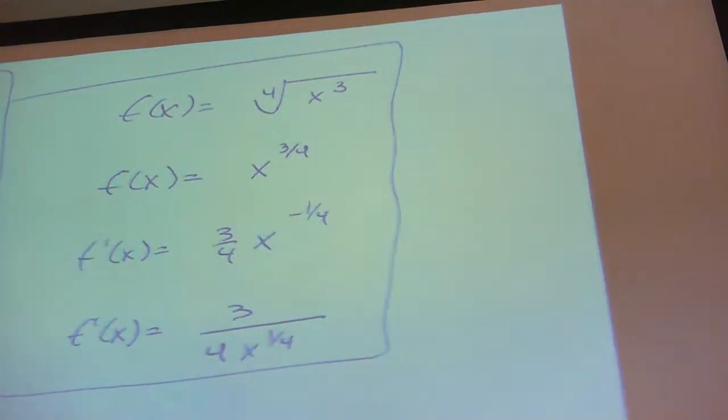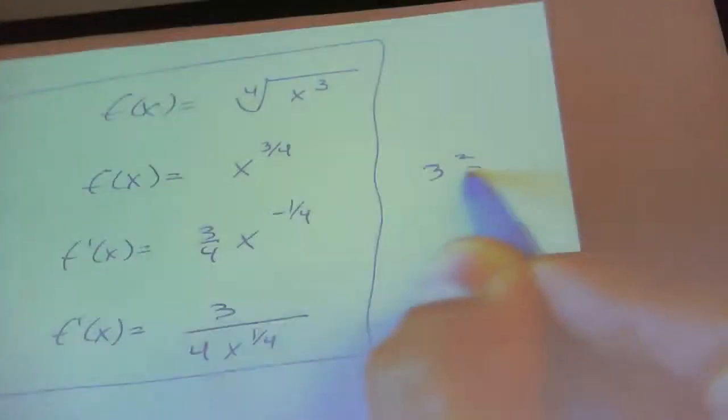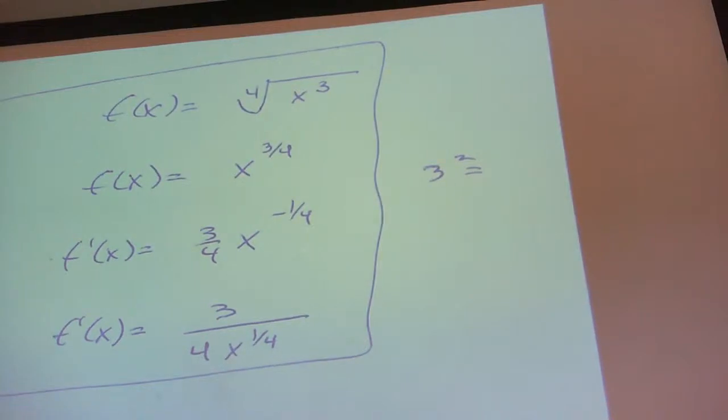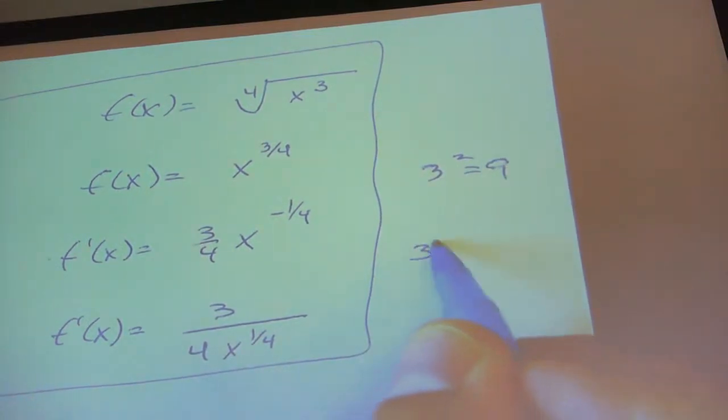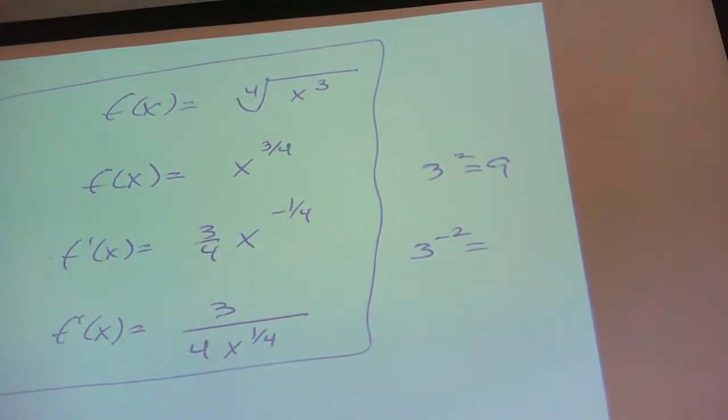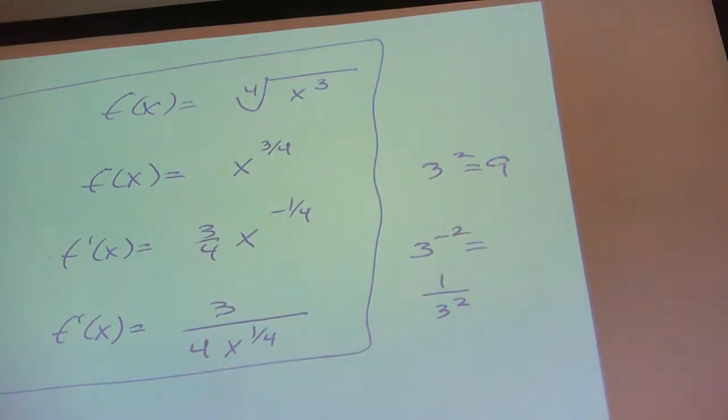Without thinking, just quickly, what's 3 squared? Don't think, what is it? 3 squared? 9. Just like that, 3 squared is 9. Everyone in the room is good? Okay? Quick, without thinking, what's 3 to the negative 2? Well, watch. If you rewrite it, isn't that 1 over 3 squared?